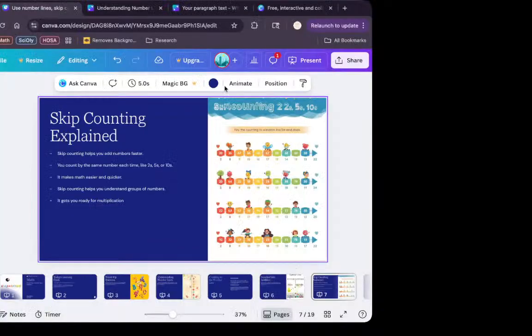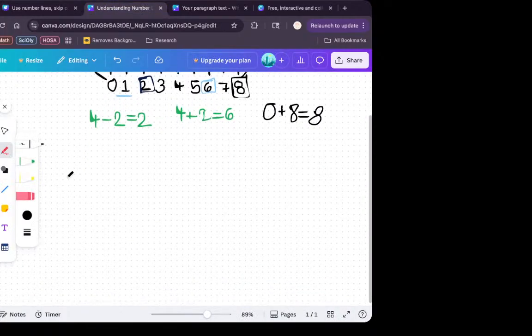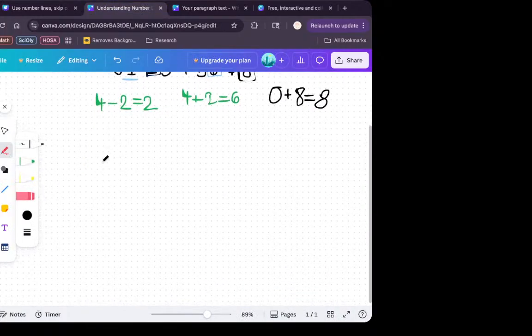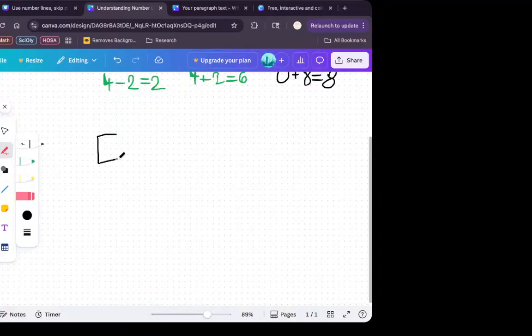Here, I'll draw this for you. Or let's stick to 3 boxes. And in each box, there are 2 shoes, right?